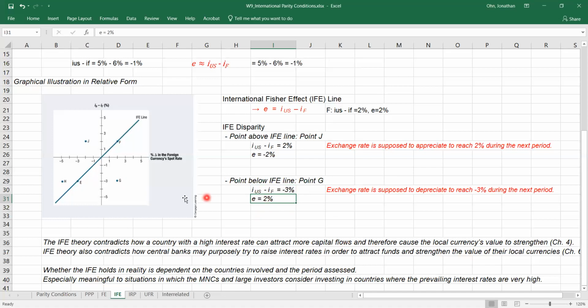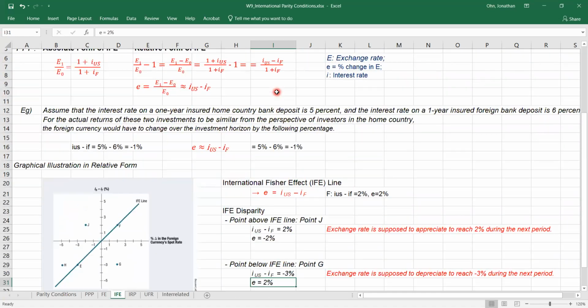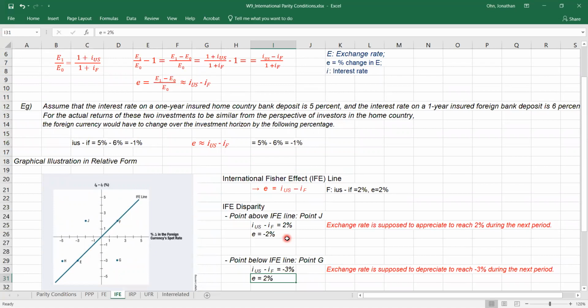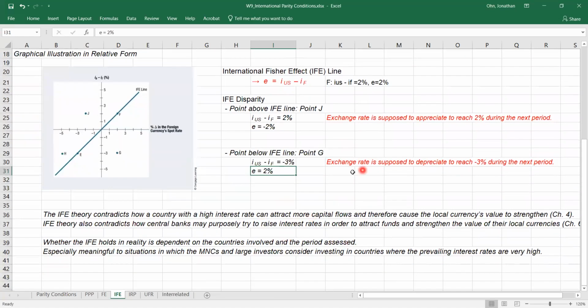So this exchange rate will depreciate until it hits minus 3. Minus 1, minus 2, minus 3. So the exchange rate is supposed to depreciate to reach minus 3% during the next period. Does that make sense? Based on this model and this graphical expression, this is supposed to happen based on the international Fisher effect.